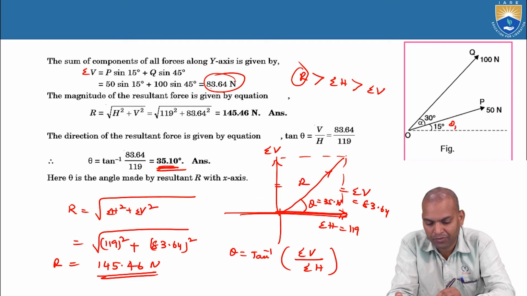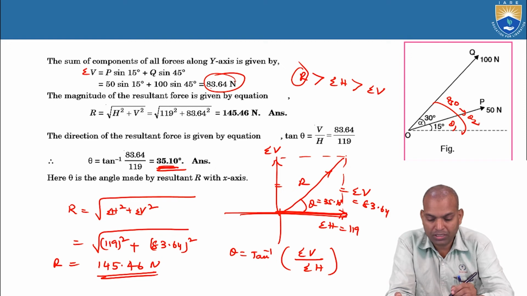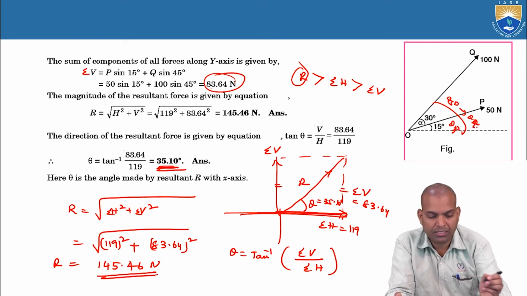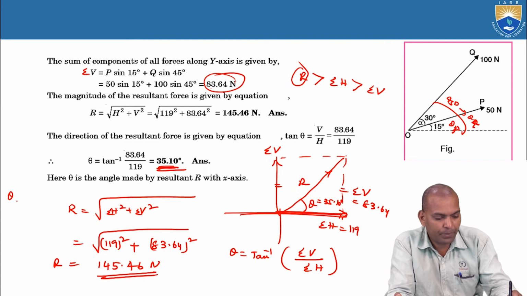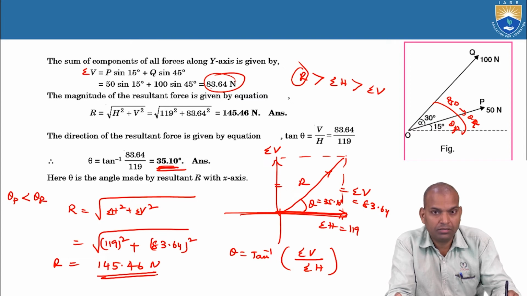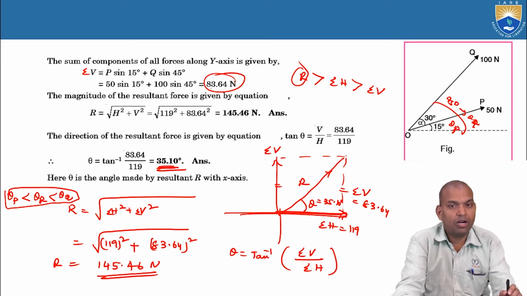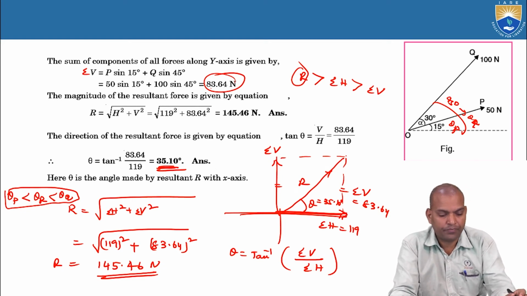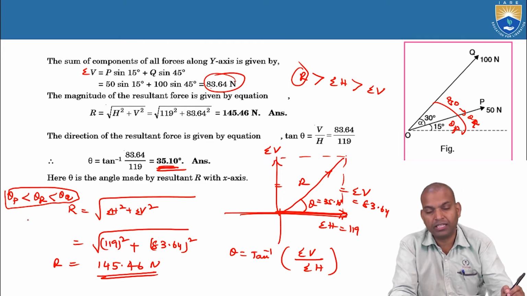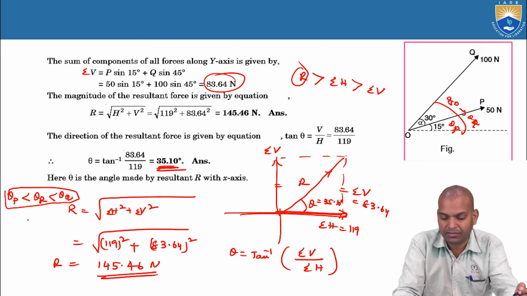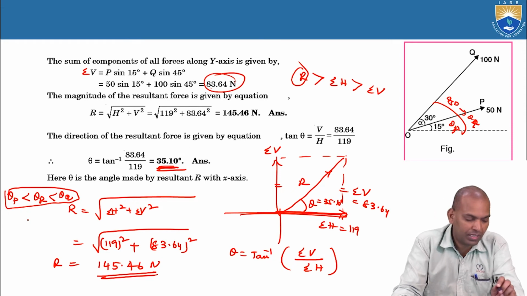Then theta P is less than theta R is less than theta Q. Theta R is the direction of the resultant force, theta Q is the direction of force Q, and theta P is the direction of force P.